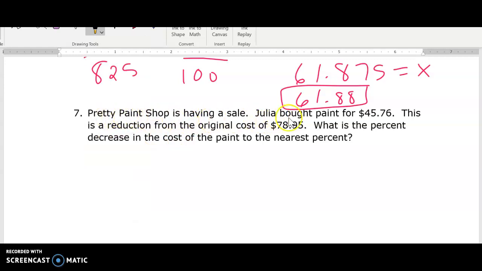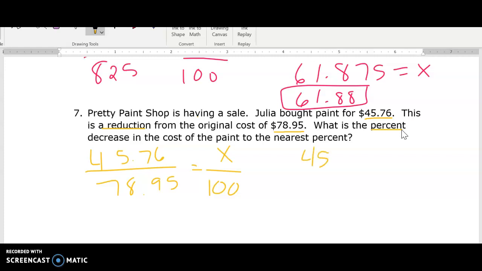Pretty Paint Shop is having a sale. Bought paint for this. This is a reduction, which means from the original cost of this. How much was the sale? So 45.76 over 78.95 equals, I don't know my percentage off. Then I have 4576 times 100 equals 78.95x.